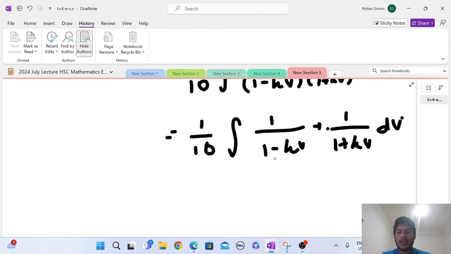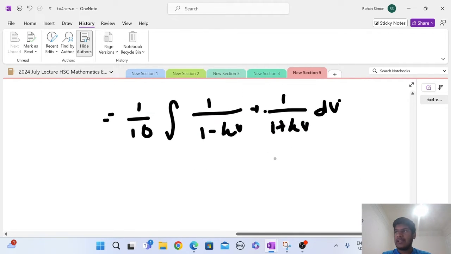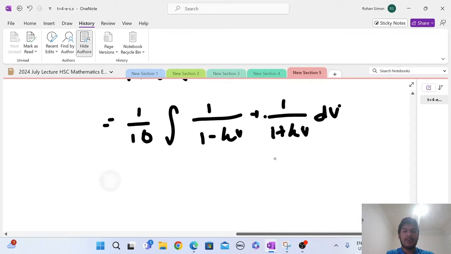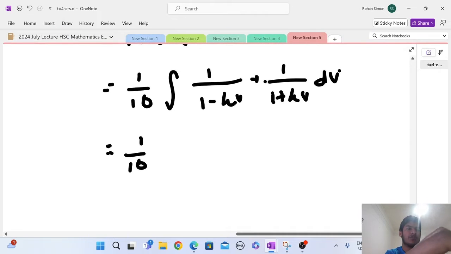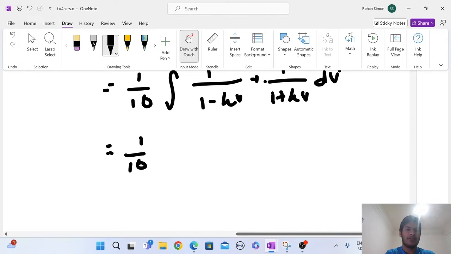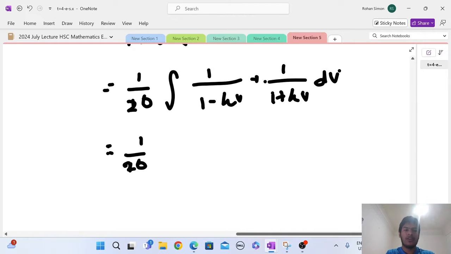From there, we can integrate this. These are just ln functions, so we end up with 1 over 10 times, that should be a half. Now, the partial fractions also ends up with a half, so this should be 1 over 20, that should be 1 over 20.